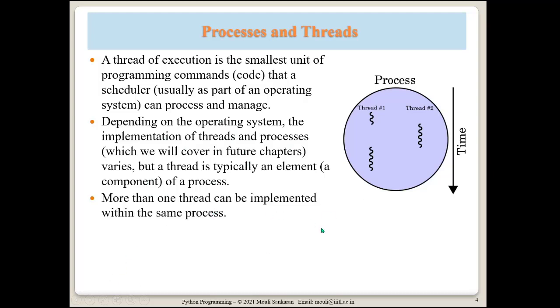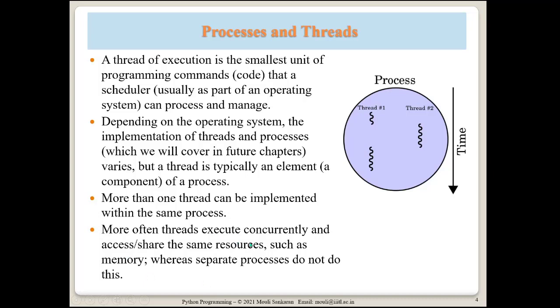More than one thread can be implemented within the same process. So more than one thread can coexist within a process. More often, threads execute concurrently. Now, what if I have a multi-core environment? Then maybe we can allow one thread to run on core 0 and another thread to run on core 1, though they belong to the same process.